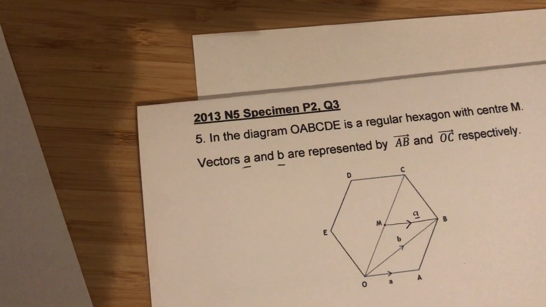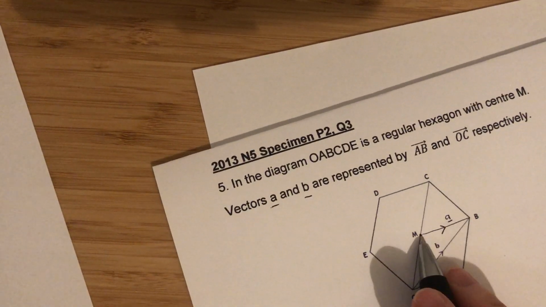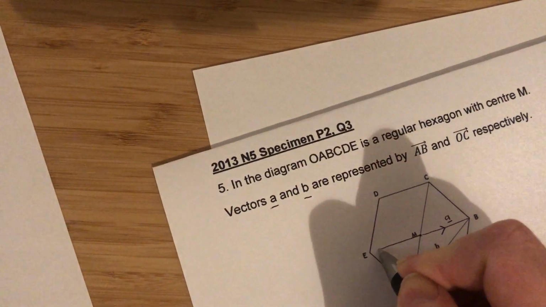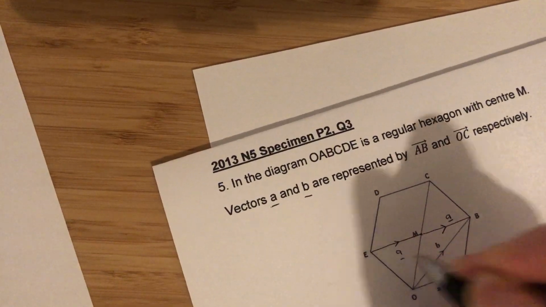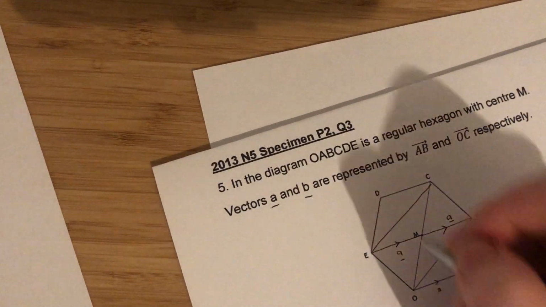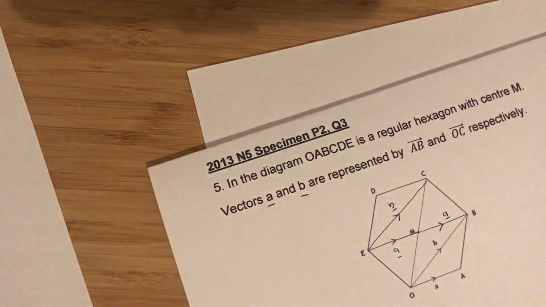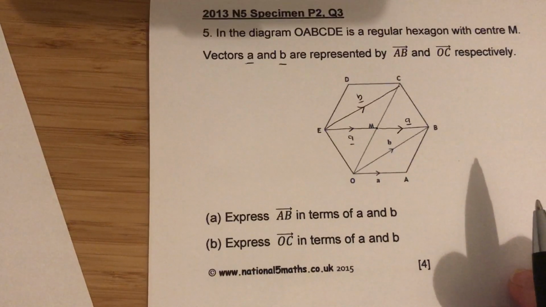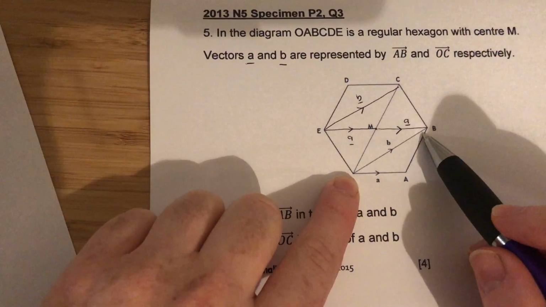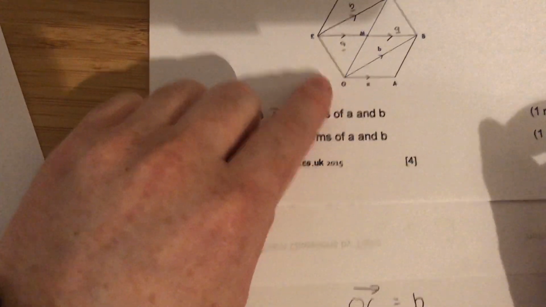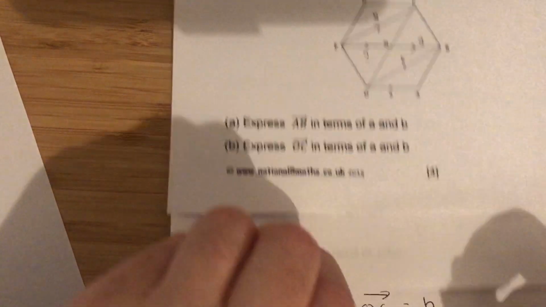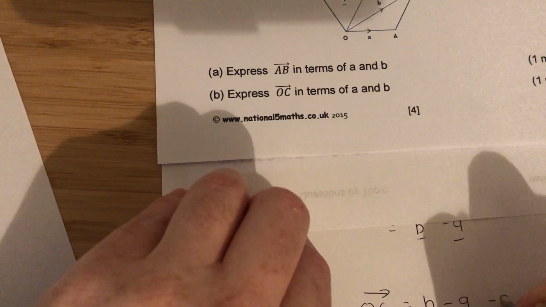Now you might have started spotting other bits that you can mark in, but if you've got this shape down here like that, we could do exactly the same on the other side. That would also be A. You could also mark in that similar diagonal, just to match exactly what you've got down there with B. And now we have a lot more pathways to think of. We can probably find one now from O to C. So I can see here that if I did B, so I'm going to just do B minus A. I'm just going to write it out fully, and we'll simplify it then.